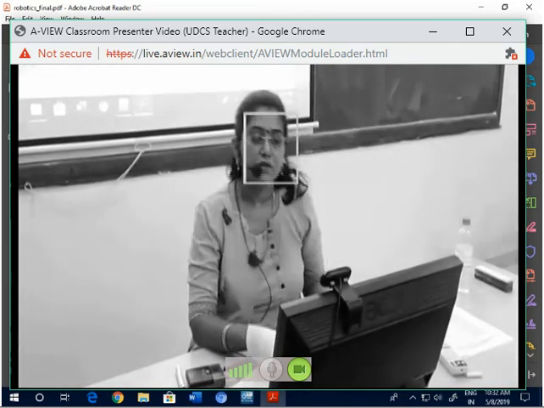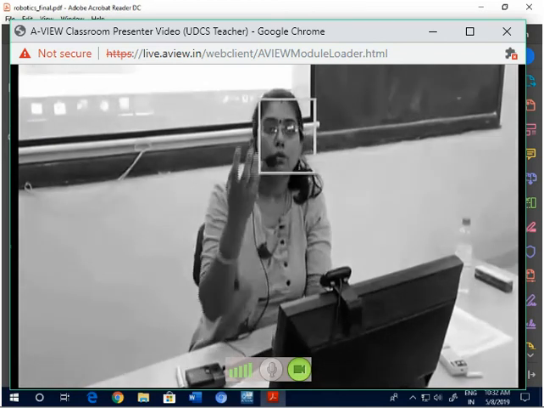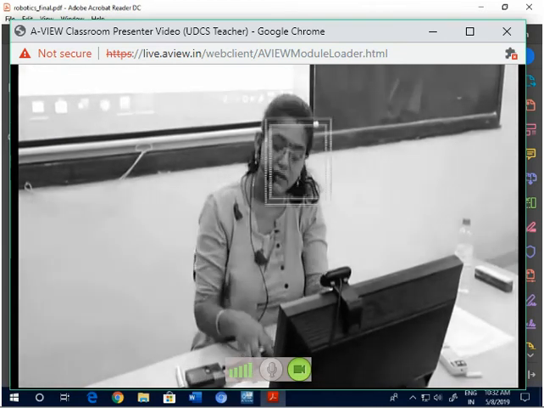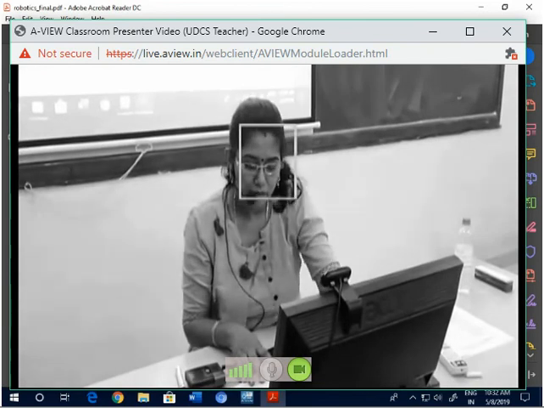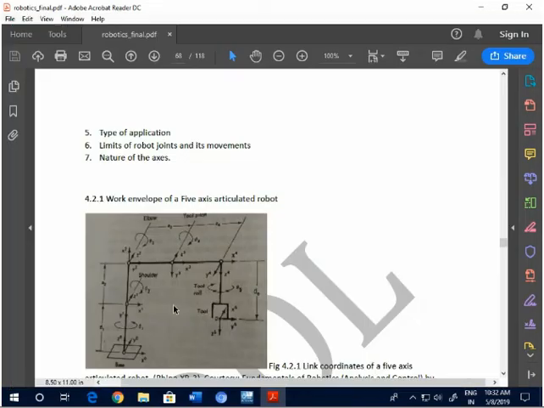What we will be getting through that is the workspace envelope. Now the WSA can be found out using this link diagram. The combinations, that is the maximum and the minimum horizontal reach, which are taken into consideration, and the number of joints are provided by the manufacturer.